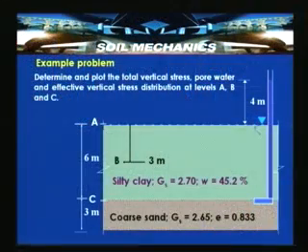So, this is how the problem works out. What we are required to determine is total vertical stress at elevations A, B and C, and pore water pressure at A, B and C by considering the upward flow, because the sand layer below is under artesian conditions.